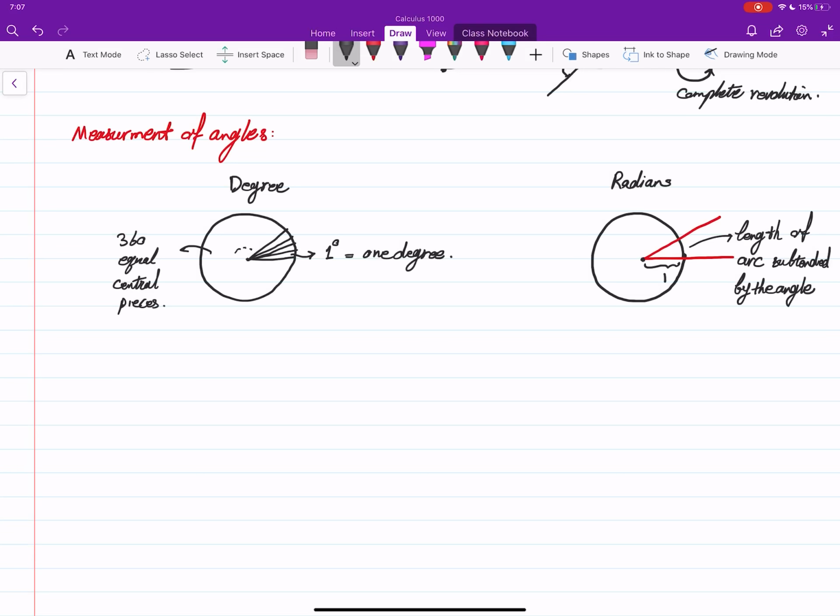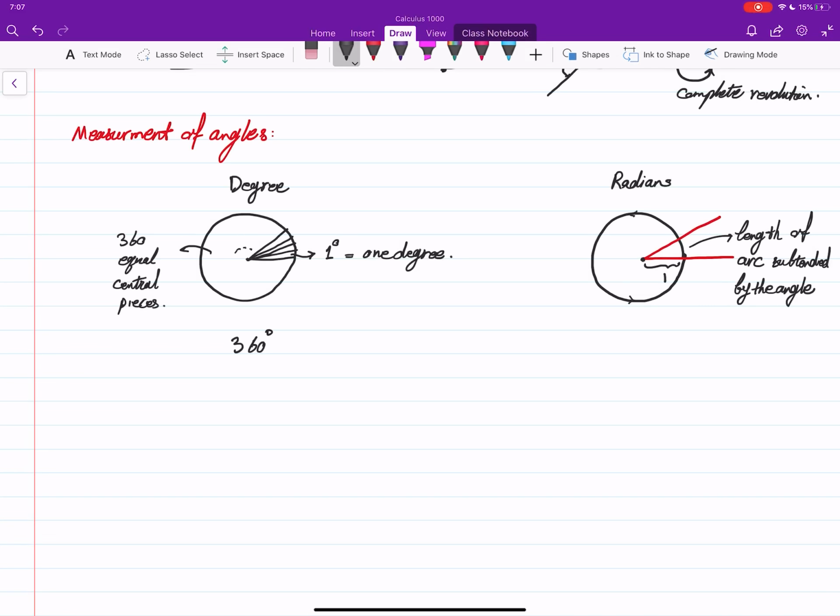For example, a full circle or complete revolution in degree will give us 360. We just said we divided the full circle into 360 pieces. But for the radian, it will be the arc length of the full circle.